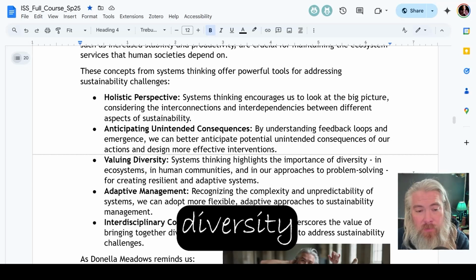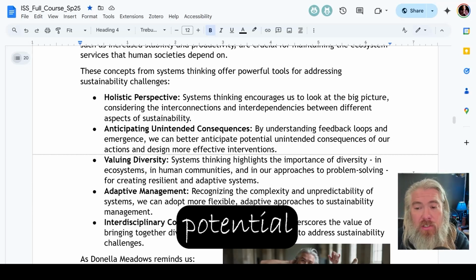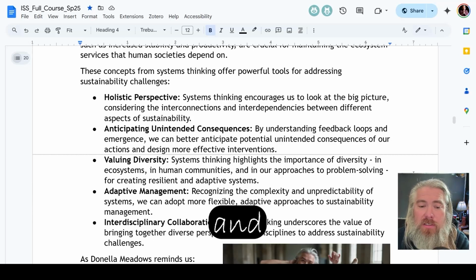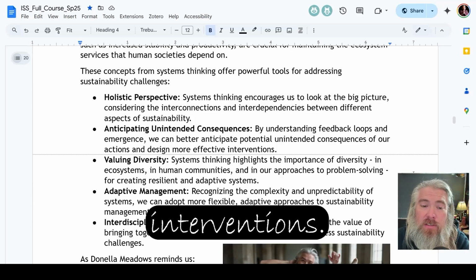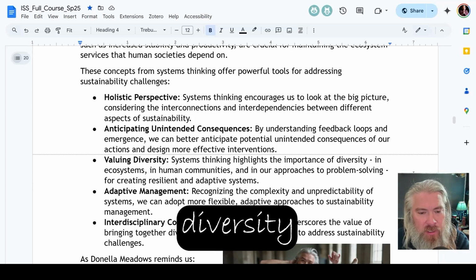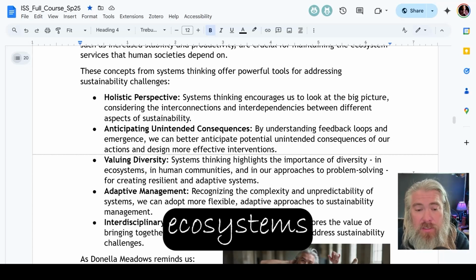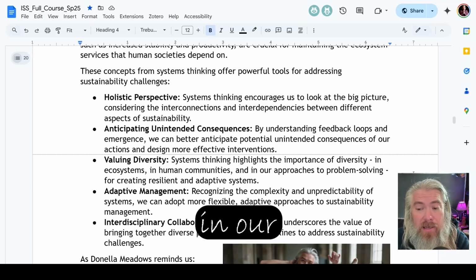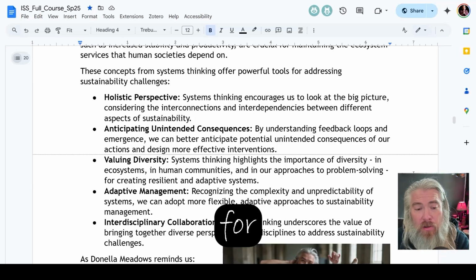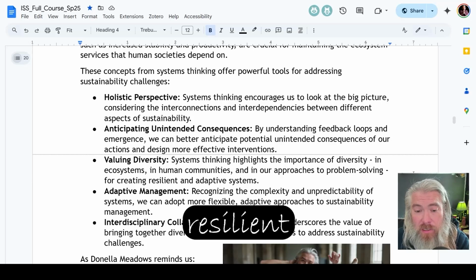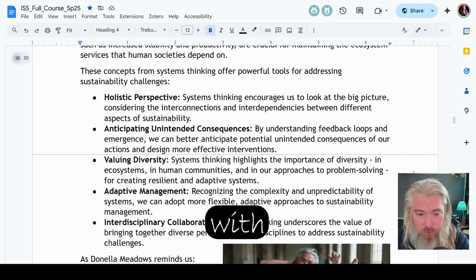Valuing diversity: systems thinking highlights the importance of diversity in ecosystems and human communities and in our approaches to problem solving for creating resilient and adaptive systems.